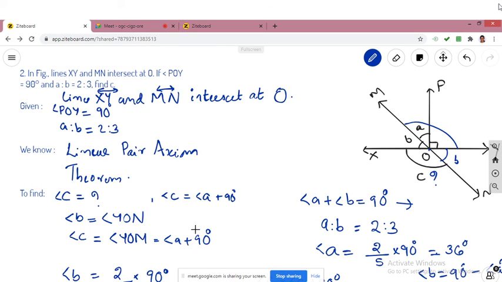Now, since A to B is 2:3, we got that angle A is equal to 2 by 5 into 90 degrees, which is equal to 36 degrees.